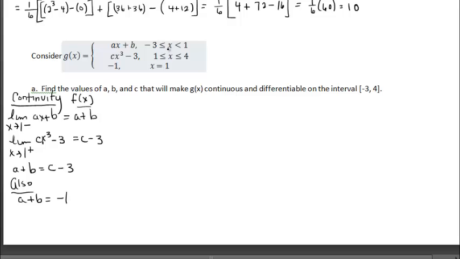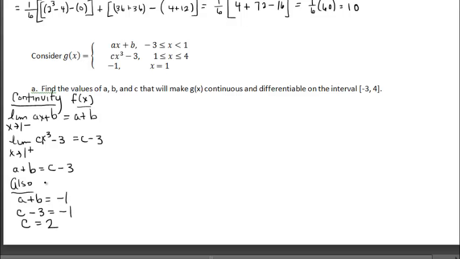So if this piecewise function is going to be continuous, the limit has to equal the y value. So 2 unknowns, 1 equation, a little better. Also, c minus 3 must equal -1. Well, that's nice. I can add the 3 and say that c is 2.